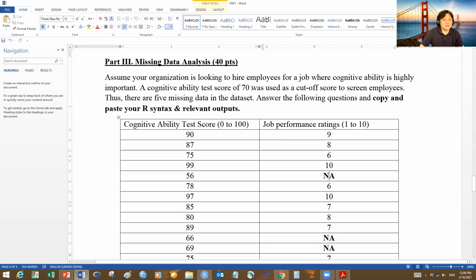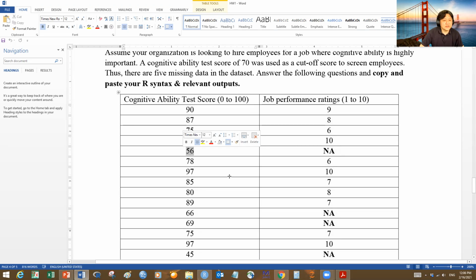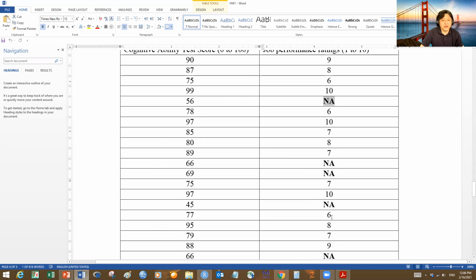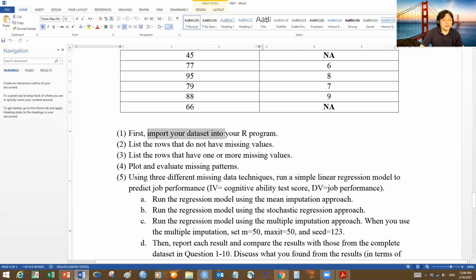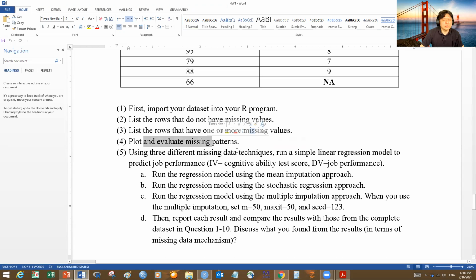Cognitive ability test scores with 70 were used as a cutoff score. If their cognitive ability score is less than 70, they were screened out, so their values are missing. First, import your data into R. Second, list the rows that do not have missing values. Then plot and evaluate the missing pattern.